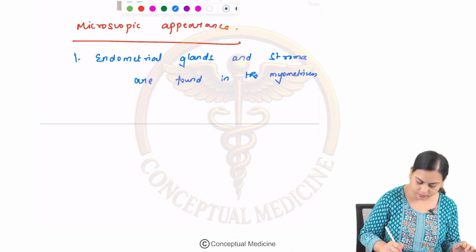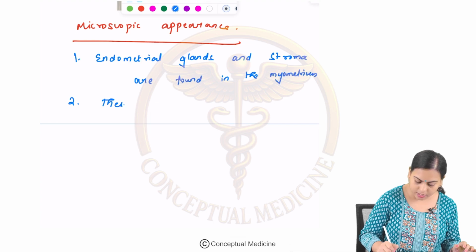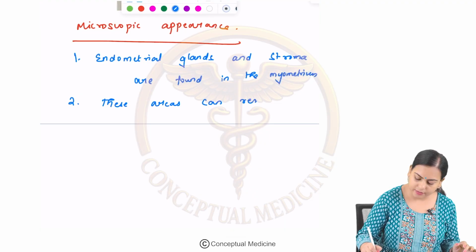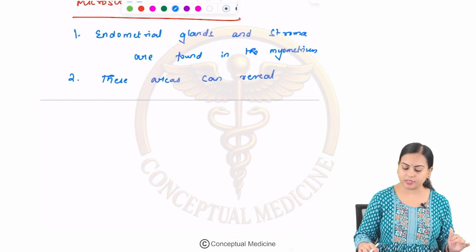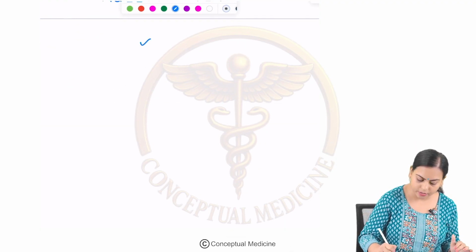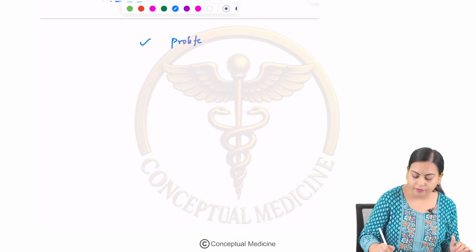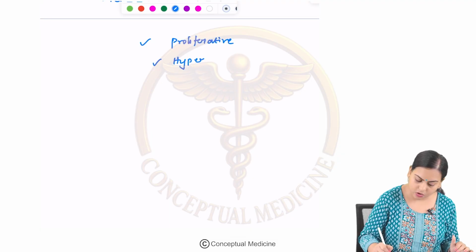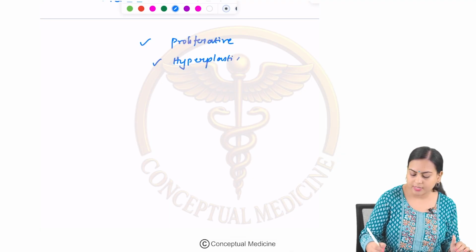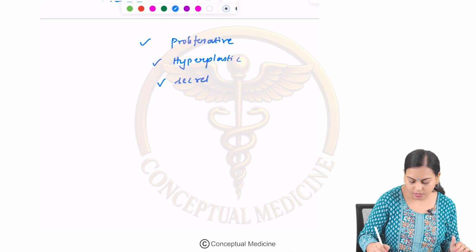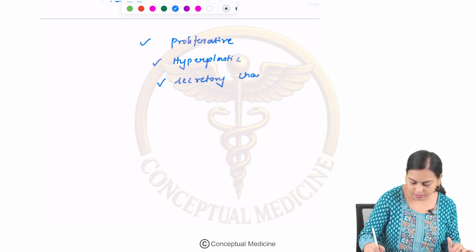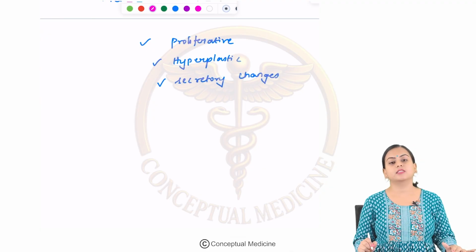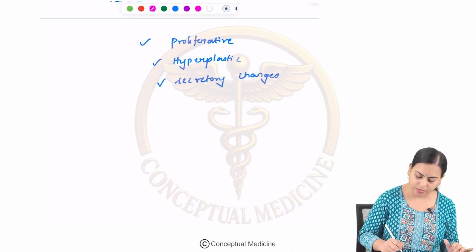These areas can reveal many changes, that will include either proliferative, hyperplastic or secretory changes. Clear? Yes. Now let's see what are the clinical features that this woman will present with.